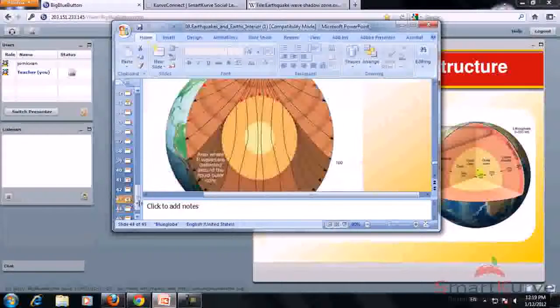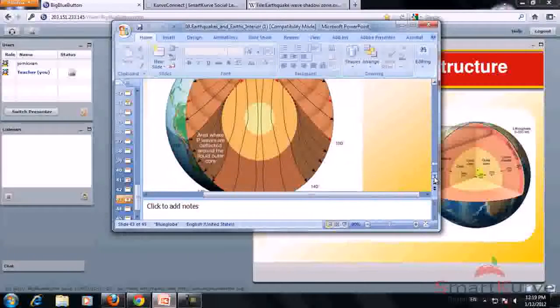So you can see there in that picture that dark brown area between 105 and 140 with the dotted lines. Those are the waves that we might expect to see, but we're not seeing them because they're being bent around the core.